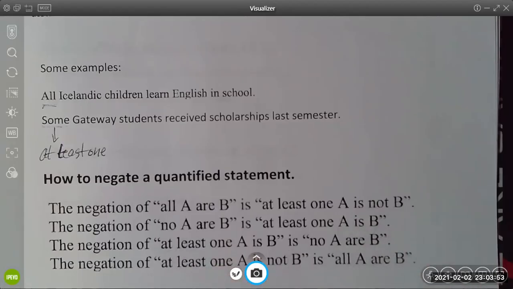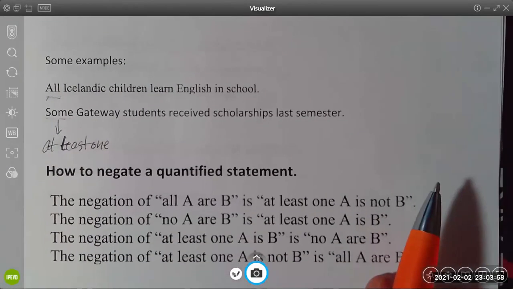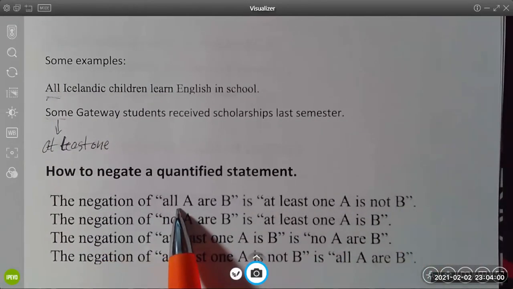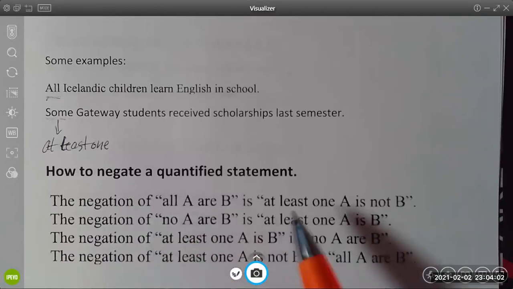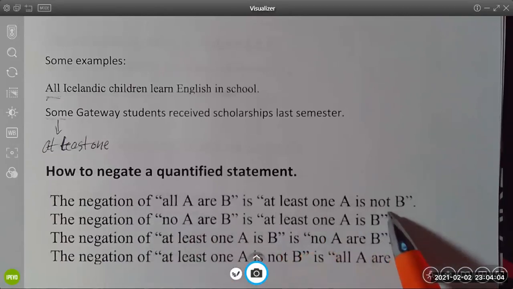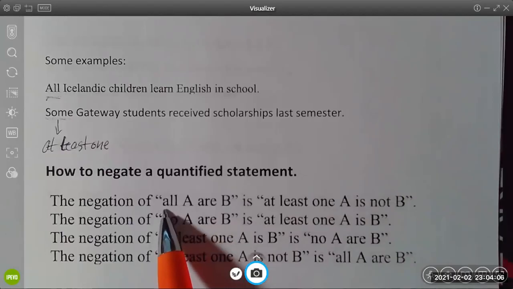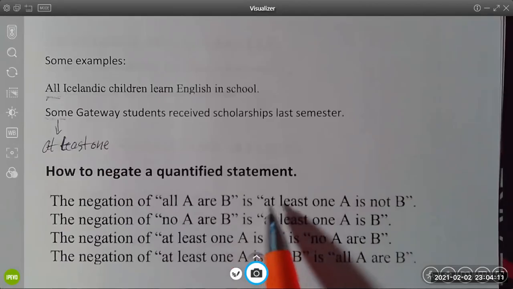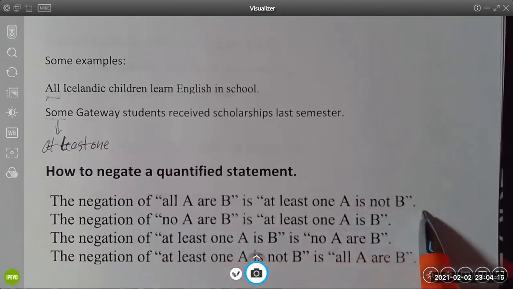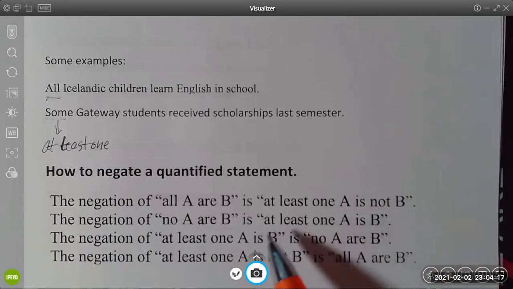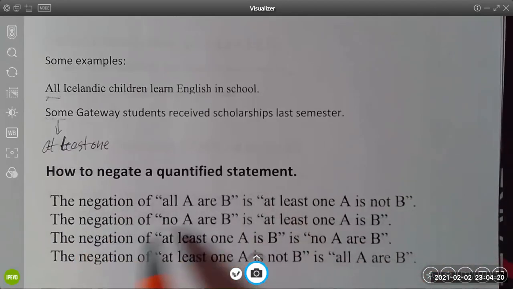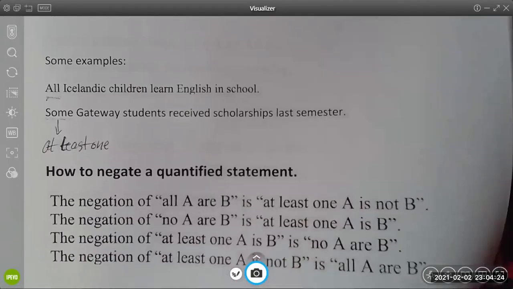Then we look at how to negate each one of them. This generally lists all of these possible statements and how to negate them. For example, if your original statement is all A are B, then the negation of that will be at least one A that is not B. Now we are going to go over these negations of quantified statements one by one through examples.